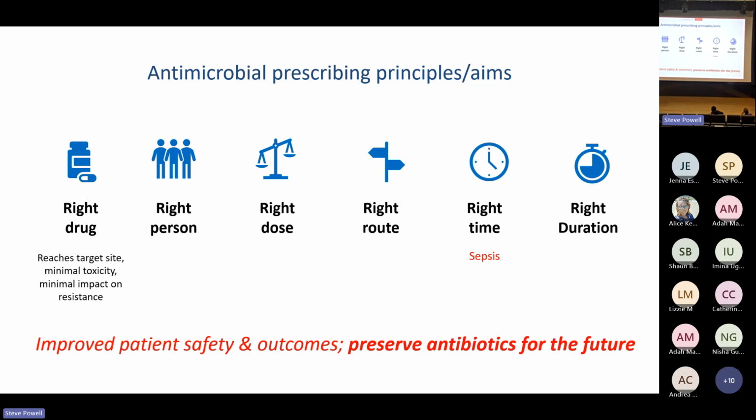Are there any other risk factors that make us think they might have resistant organisms? Right dose. One of my colleagues will talk about that shortly in a short video. Right route, right time, sepsis, don't delay. Narani will talk about that shortly, and for the right duration. And that results in improved safety and outcome and preserves antibiotics for the future.